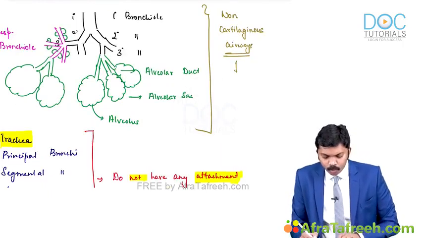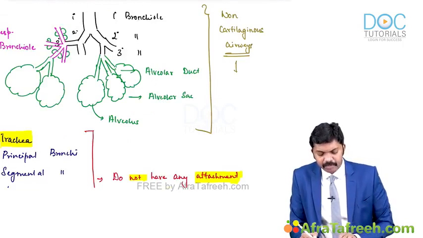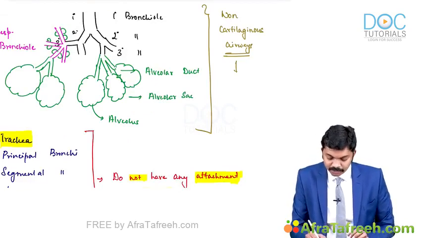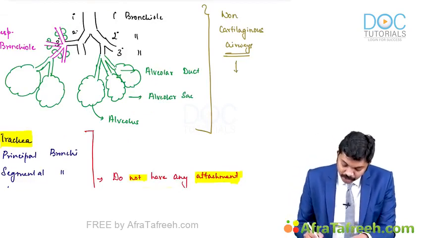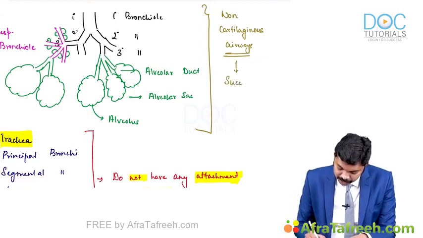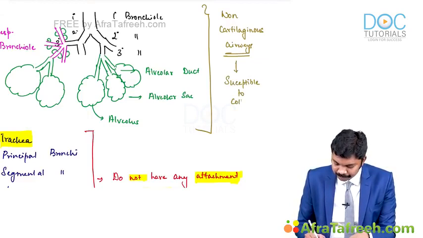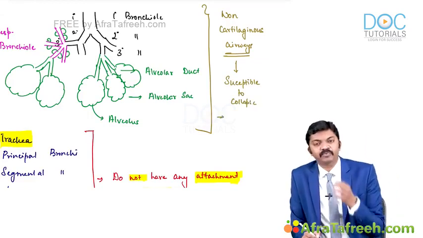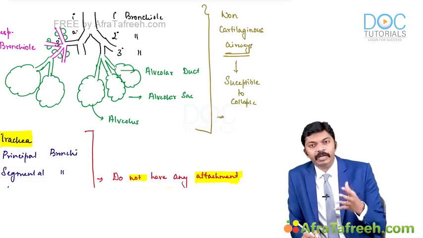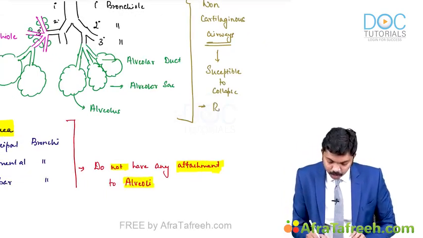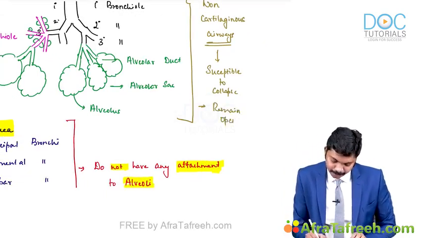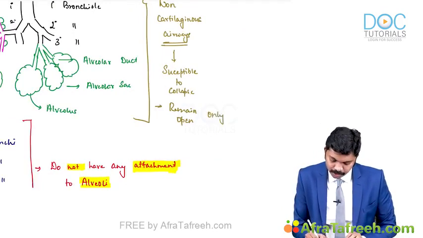Right. Now, what is the point you have to be familiar with regarding non-cartilaginous airways? Remember friends, non-cartilaginous airways are very susceptible to collapse. What is going to keep these airways inflated? What is going to keep the airway open and patent? They remain open only when there is air inside.